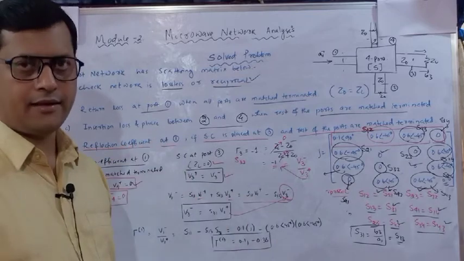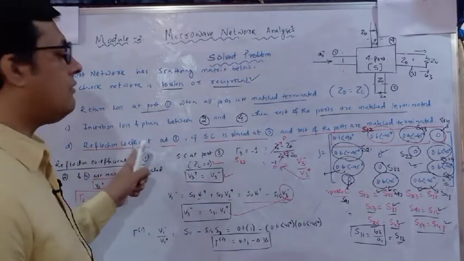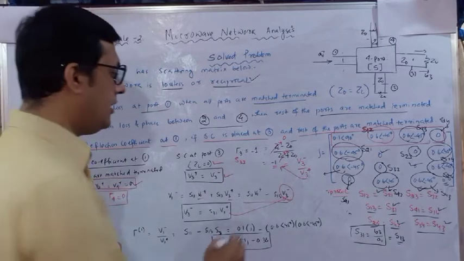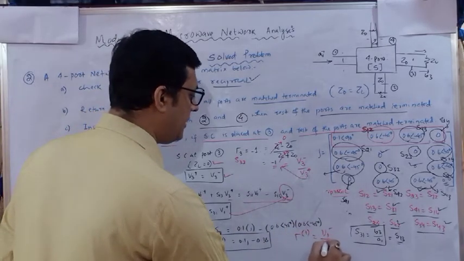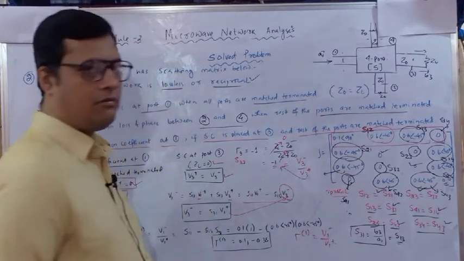So in place of this V3 minus, you can substitute this, and the whole equation will become V1 minus. Our main motive is to find the reflection coefficient at port 1, which means V1 minus divided by V1 plus we have to identify.